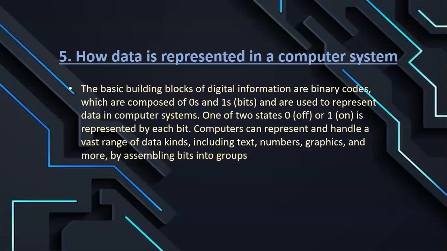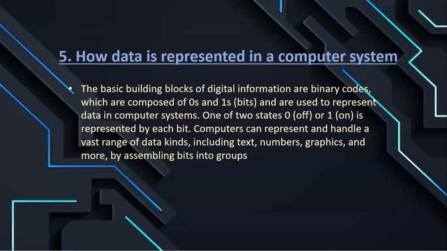How data is represented in a computer system. The basic building blocks of digital information, binary codes, which are composed of zeros and ones, are used to represent data in computer systems. One of two states, 0 or 1, is represented by each bit, where 0 means off and 1 means on.